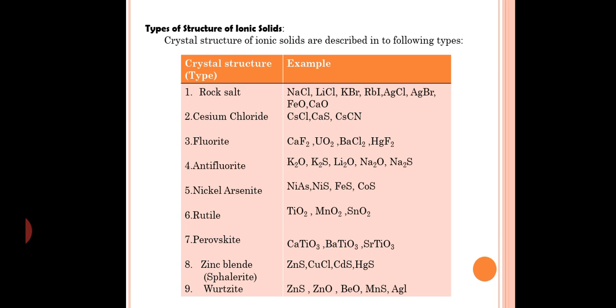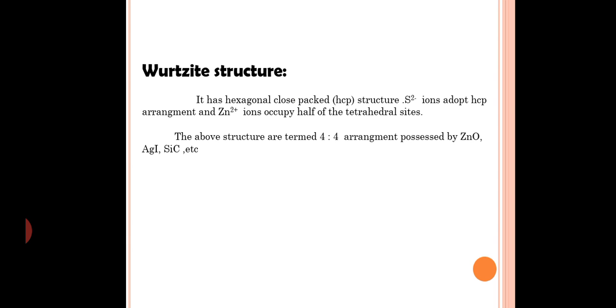Now these are examples of different types of crystal structures. Rock salt was discussed with you in the previous video. Then we have another structure, the Wurtzite structure. I felt I should tell you about it. Now we have studied fluorite, antifluorite, CaF2, NaCl, ZnS, all of this.